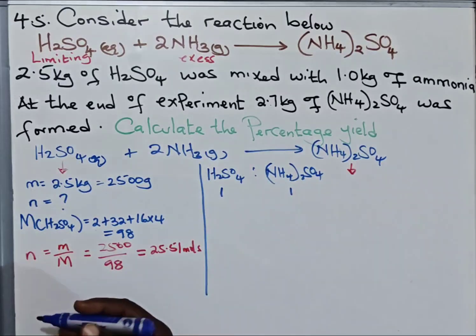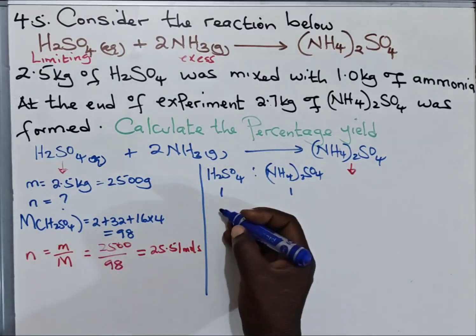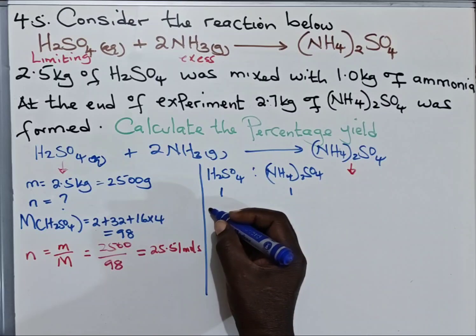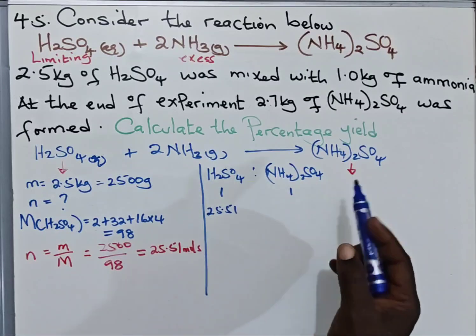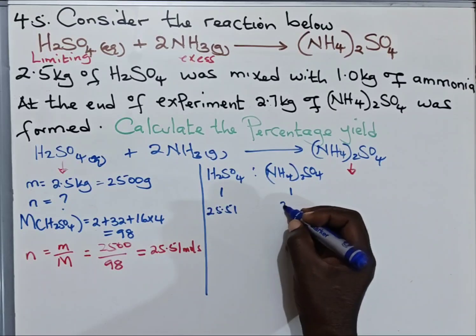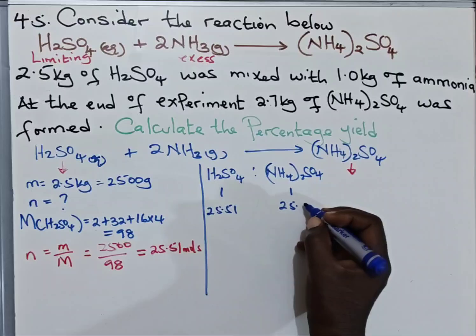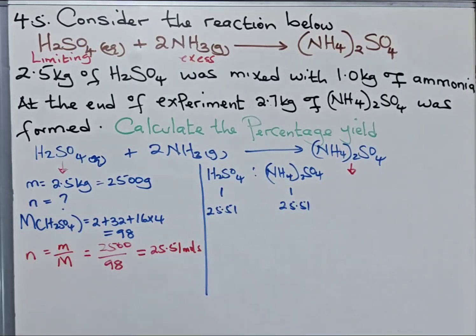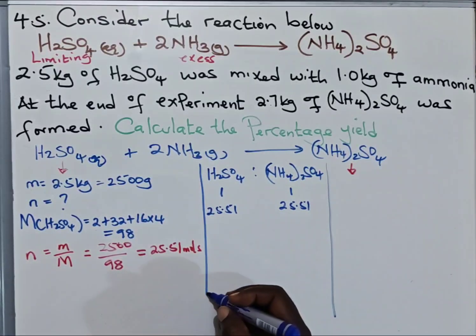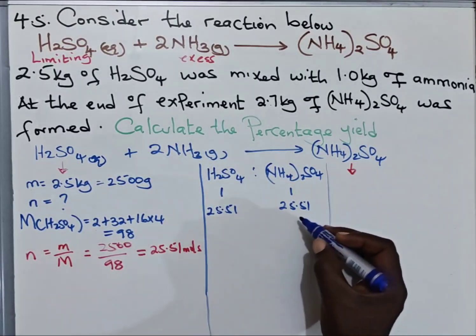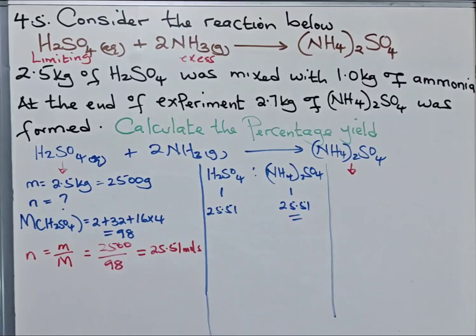And we know the number of moles of sulfuric acid is 25.51. So if the ratio is 1 to 1, it means that this one is also going to be 25.51. So now we know the number of moles of our product, our yield.